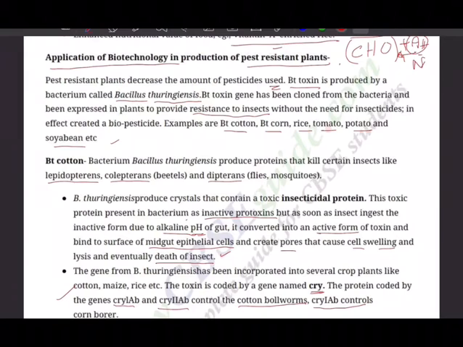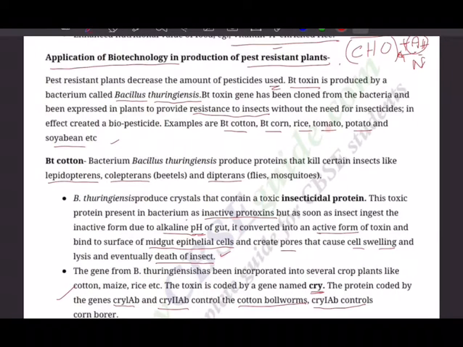A foreign gene that alters the host cell genetically is termed a transgene, and the production of a transgenic organism is known as transgenesis.